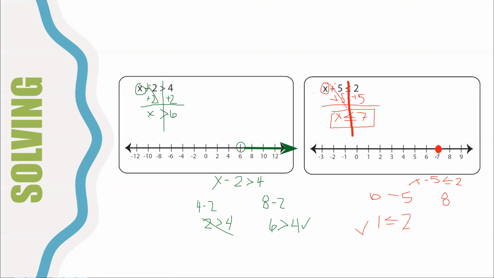So we've got 8 and then minus 5. 8 minus 5 is going to give me a 3. 3 is less than or equal to 2 is a false statement. So we've got 1 true and 1 false, so we know that we did this correctly. And now that I have that information, I can go ahead and finish up my graph. So I'm going to draw my arrow going that direction because that's the true side.